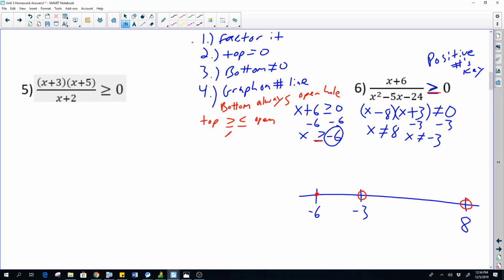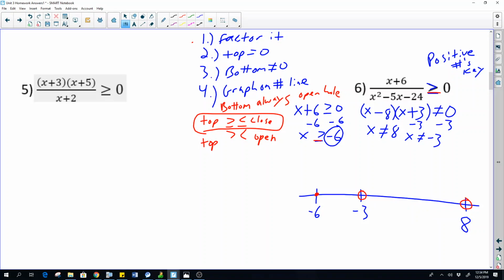So the equal to determines if the top is open or closed. I mean equal to means closed hole. That's it. And not equal to, just greater than or less than, means open hole.